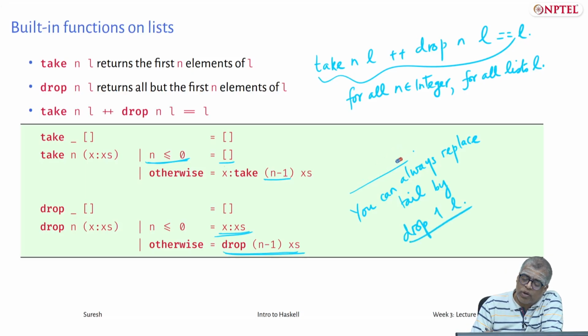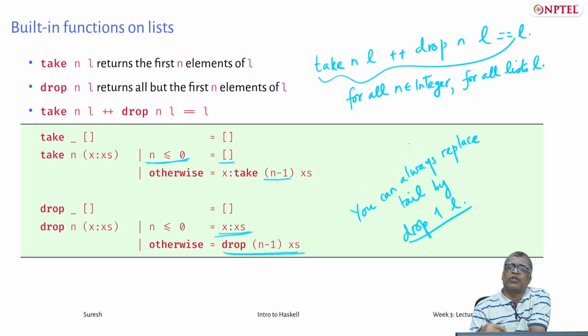It is safer because it is defined even for the empty list. Drop 1 of the empty list is still the empty list, whereas tail of the empty list will give you a runtime error. Maybe you cannot always replace it, you can mostly replace, let me say.